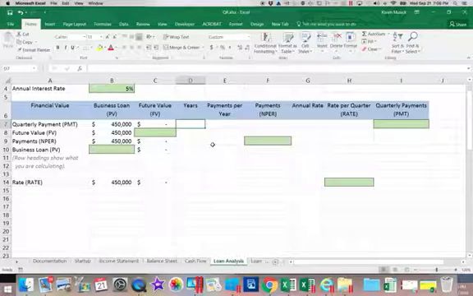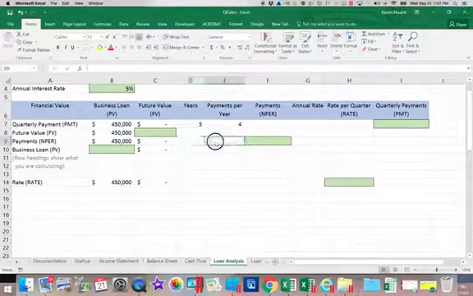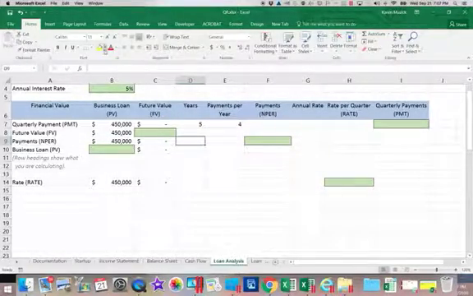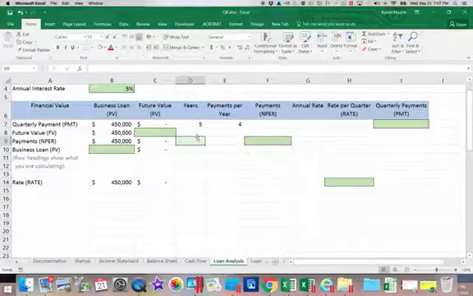Now we start out assuming that we have a 5-year loan. And then we also assume we are making quarterly payments. So we're going to be making 4 payments a year. In this particular row, we don't want to put in that it's 5 years, because we will be calculating the number of years.